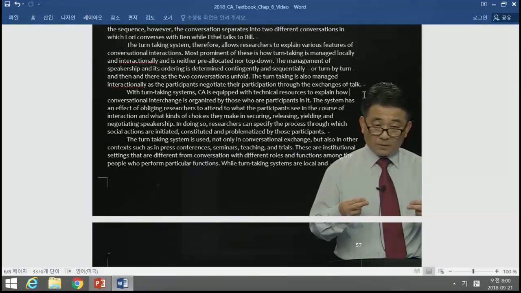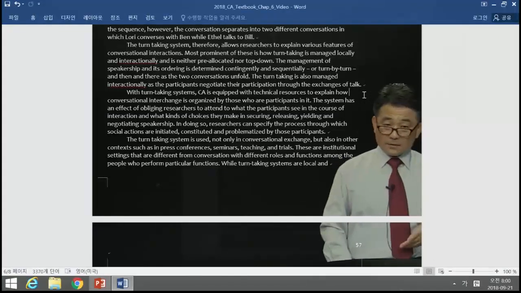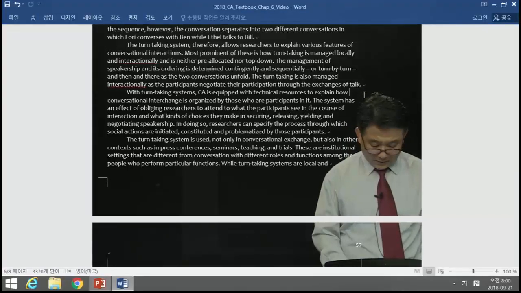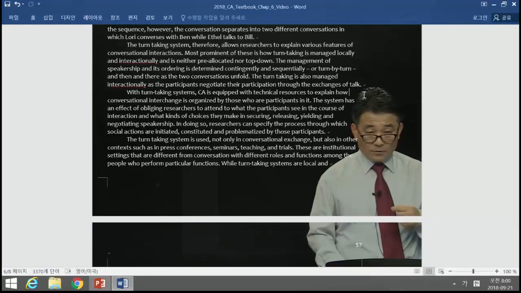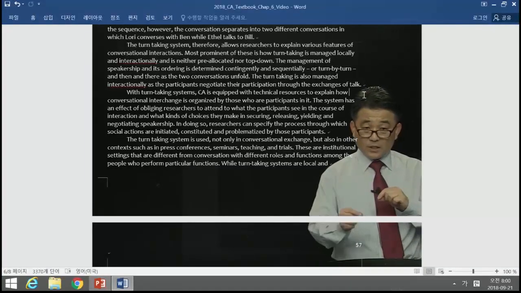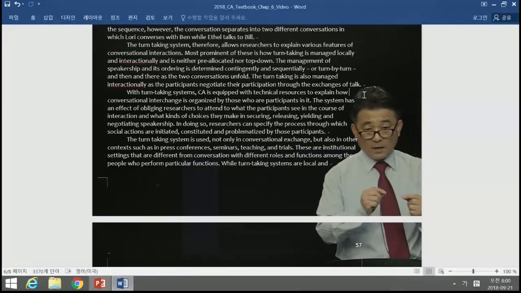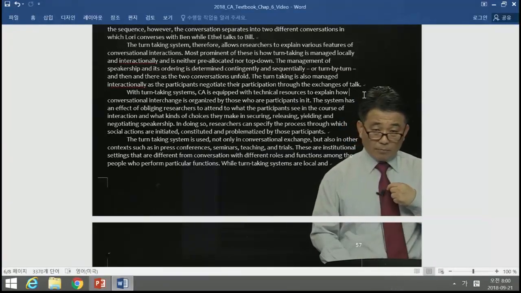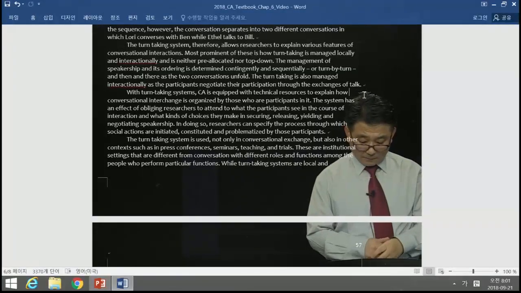But if two people insist on talking and keep interacting with each other, then you can project some problems in the conversation. Okay? So the turn-taking system allows us to get into very specific details of how people negotiate their speakership. Maybe they found some problems, they have some conflicts, and how they bring that conflict to a close in the course of interaction, and so on.